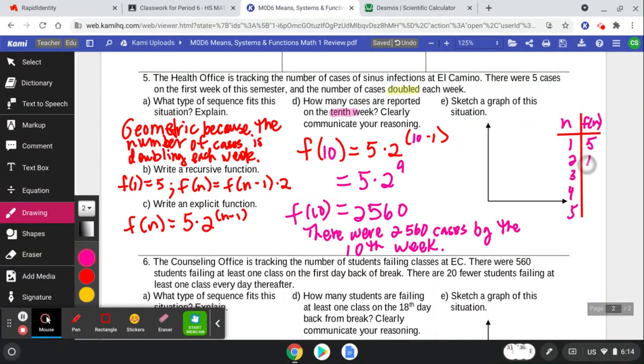So 5 times 2 is 10, 10 times 2 is 20, 20 times 2 is 40, 40 times 2 is 80. So if over on the side, we go like this, 10, 20, 30, 40, 50, 60, 70, 80. And then over here, just 1, 2, 3, 4, 5.